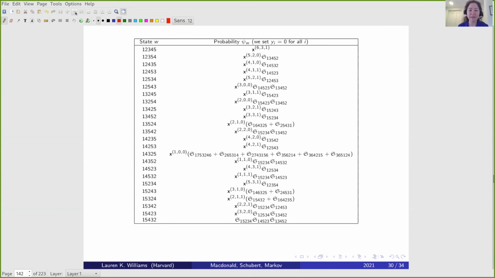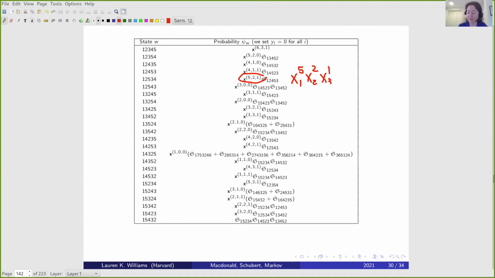Most of them look like monomials times the product of Schubert polynomials. Let me explain my notation here. What does x to the 5 to 1 mean? That means x1 to the 5, x2 squared, x3 to the 1. So all these x factors are just monomials in the x variables.